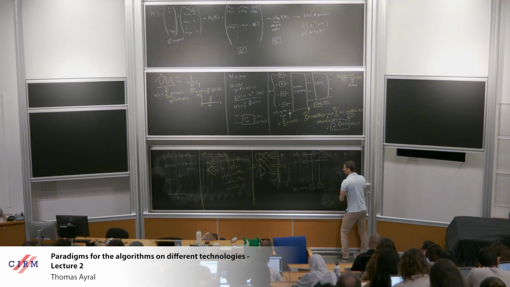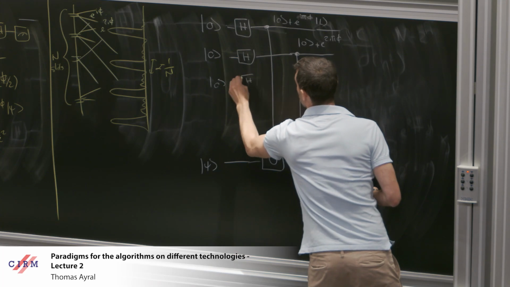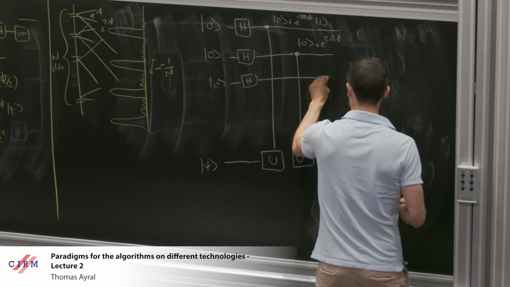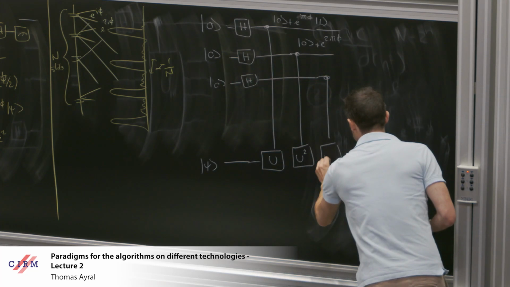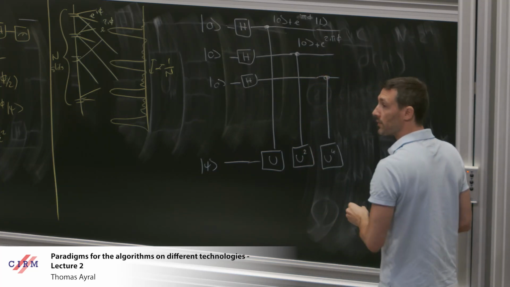That's why I'm having a regular spacing here between the powers that I'm putting here. And so similarly, I can do the third one. So third one is here, U to the 4, and so on and so forth.